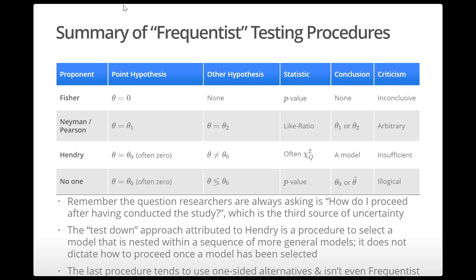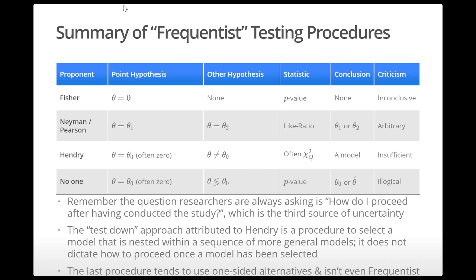Either the true parameter is greater or less than the null value that you specify, and then if your p-value for that test, which only involves the model under the null hypothesis, is sufficiently small, then you reject the null hypothesis in favor of the alternative hypothesis.